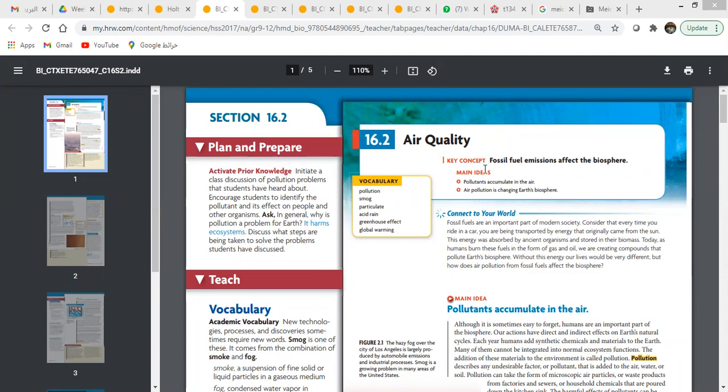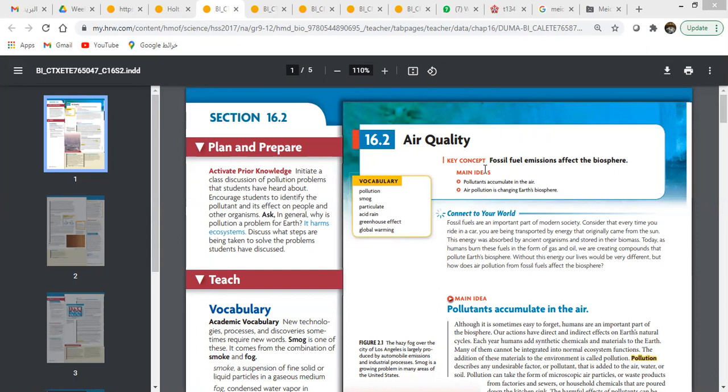We learned that to power a car we need fossil fuel, to power a factory we use fossil fuel, and to produce electricity there are ways we use, like coal, to produce water vapor to produce electricity. So fossil fuels are very important, and we learned that fossil fuels are non-renewable resources. Now, when I run the car, I am burning gasoline and gases come out.